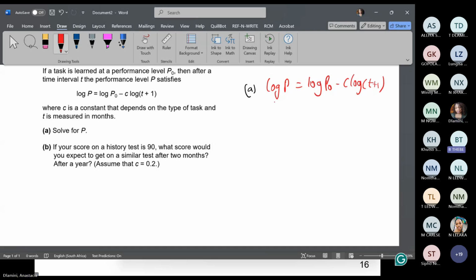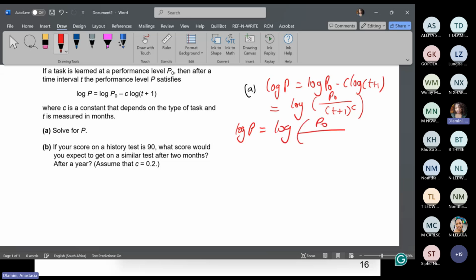On the right hand side, the log P0 divided by log T plus 1 to the power of C. Done. So meaning that now we have log of P is equal to log of P0 over T plus 1 to the power of C. That's what we have now.